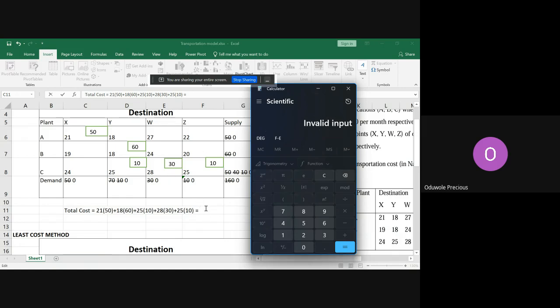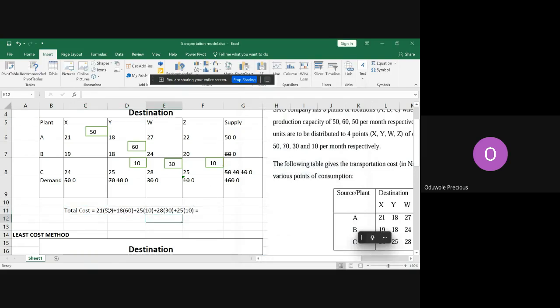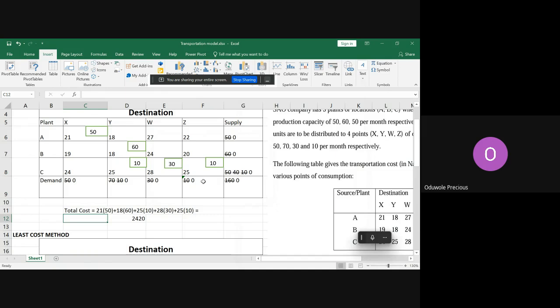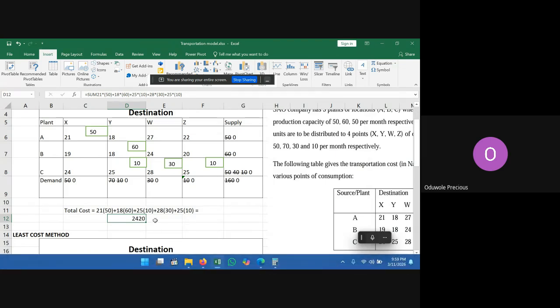Okay, let me see another way to do it because I don't want to be pressing it one after the other. Two 420. Is this correct? I don't think it's correct. Let me calculate it first.